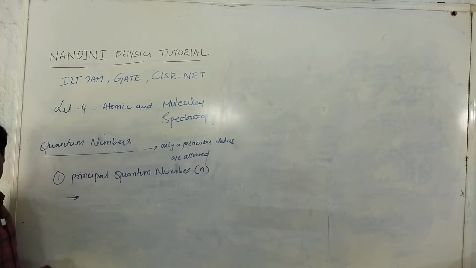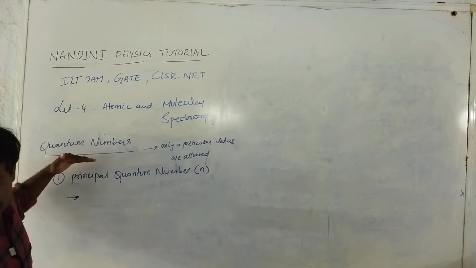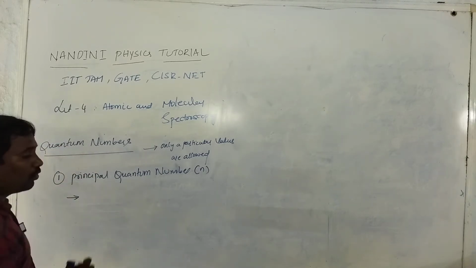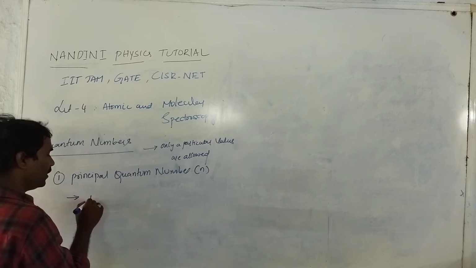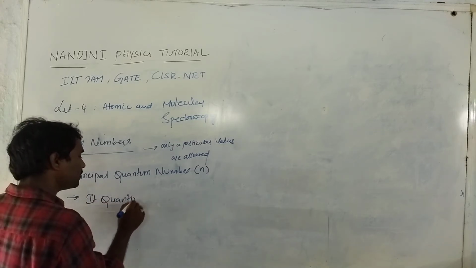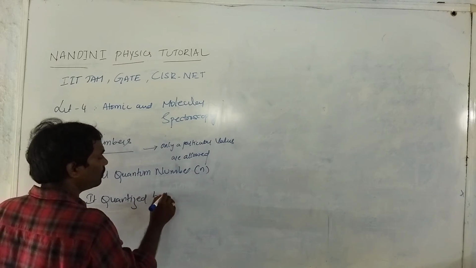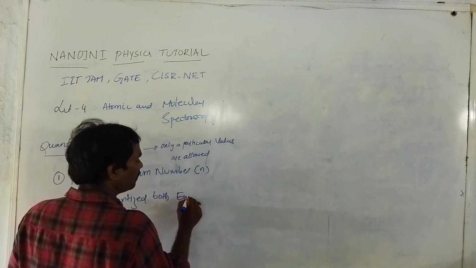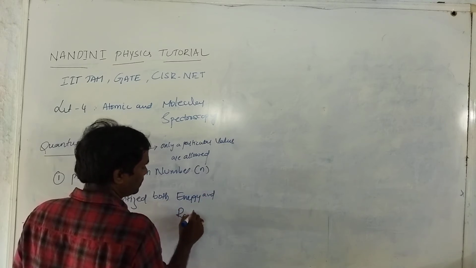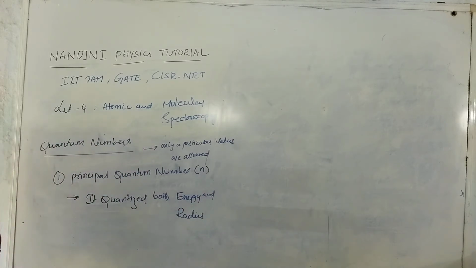So the principal quantum number quantizes both energy and radius.